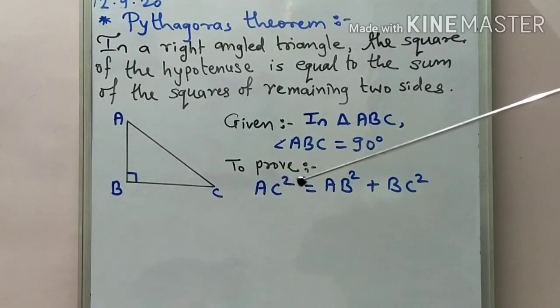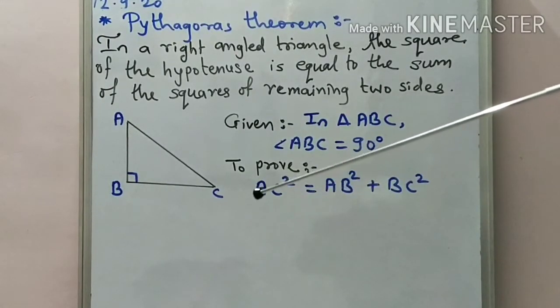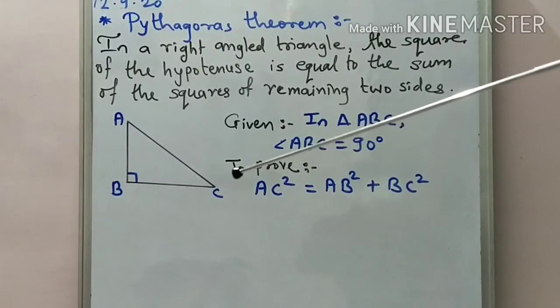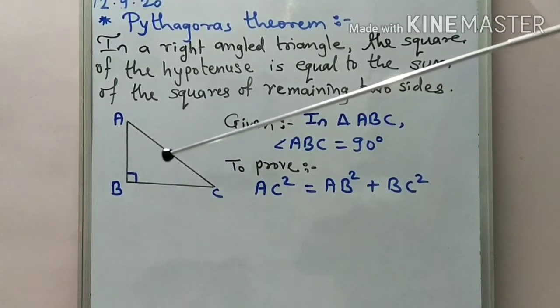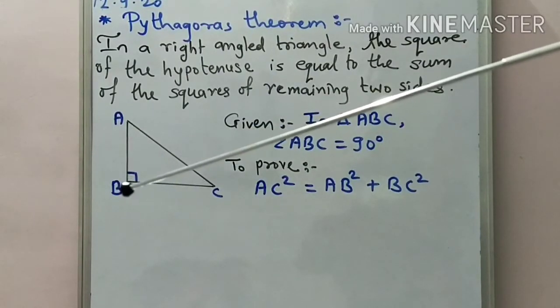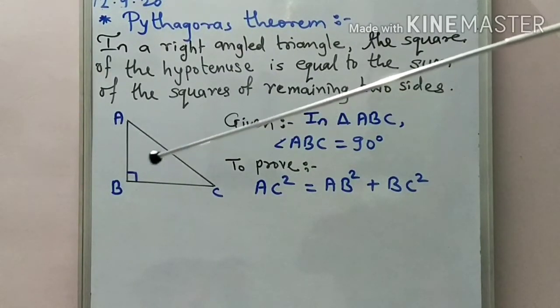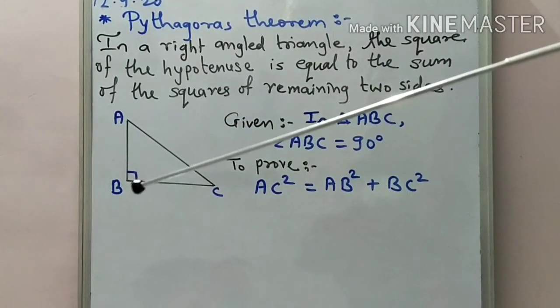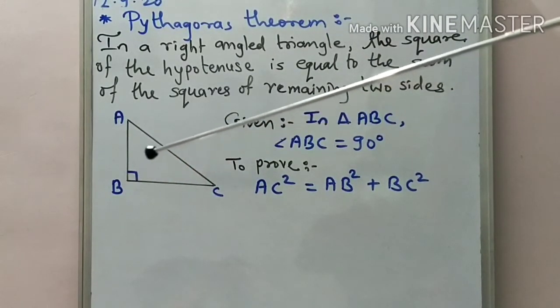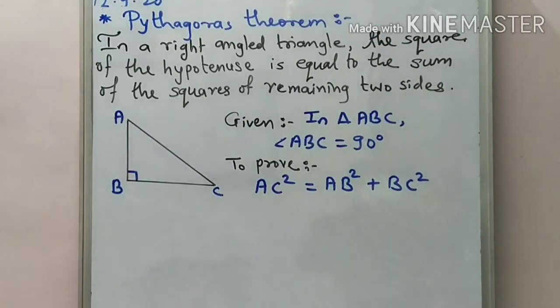Okay, and now to prove this, what we do here, students, we use the similarity of right angle triangles. Means here we do one construction, that we draw one altitude on the hypotenuse AC. Okay, one perpendicular we draw through B on hypotenuse AC, that we do as a construction.